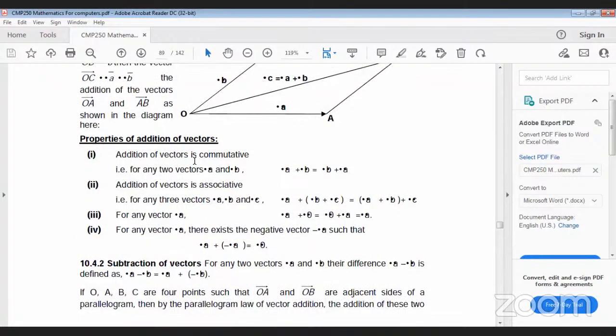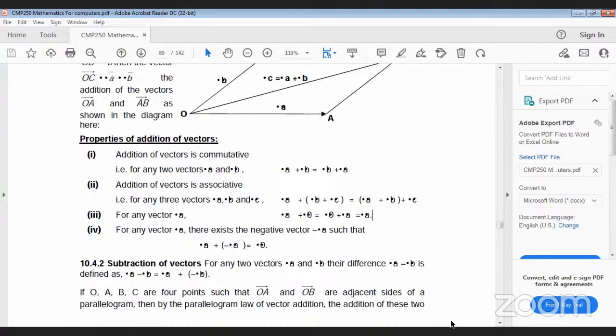Now, properties of addition of vectors. Addition is always commutative, meaning vector A plus vector B equals vector B plus vector A. In the same way, it is associative, meaning one more term is included: A plus B plus C equals A plus B and then plus C. For any vector A, there is an identity, because A plus 0, or 0 plus A, gives me A only.